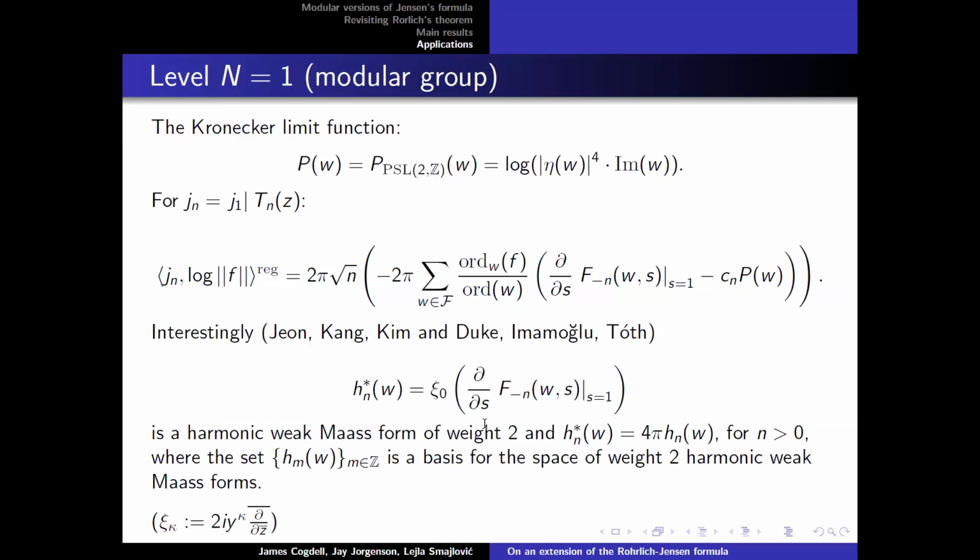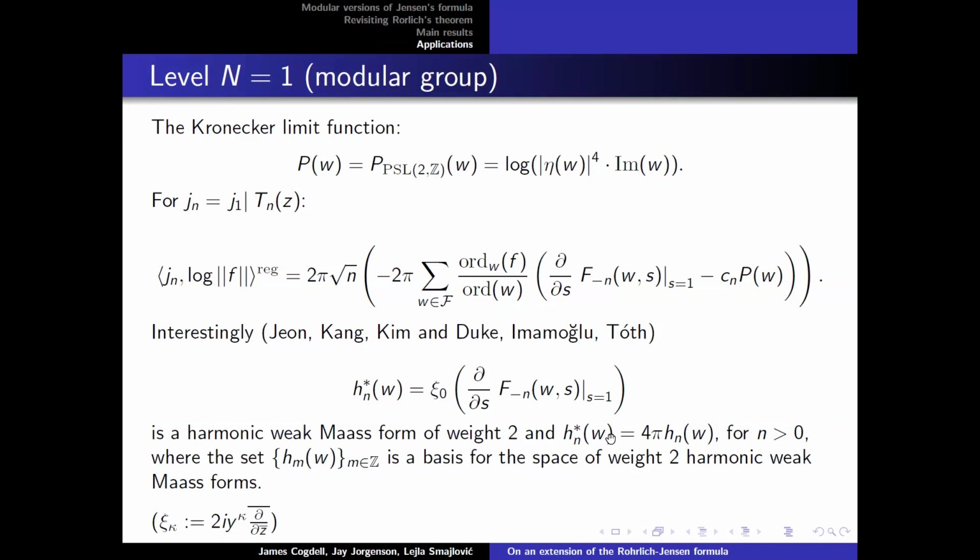So in the case of the modular group, in a paper by Jeon, Kang, and Kim, it's proved that this H_n star, which is a psi_0 action on this derivative at s equals 1, is a harmonic weak Maass form of weight 2.